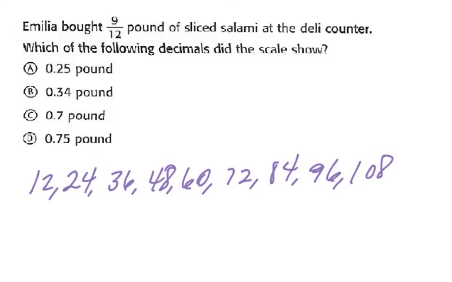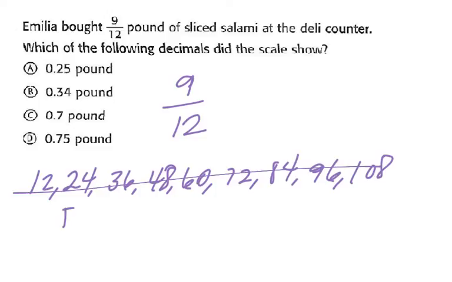Notice that 100 is not actually a multiple. So this tells me I'm going to have to simplify it, because me just trying to get it to a denominator of 100 isn't going to work. So now let's try and simplify 9/12.